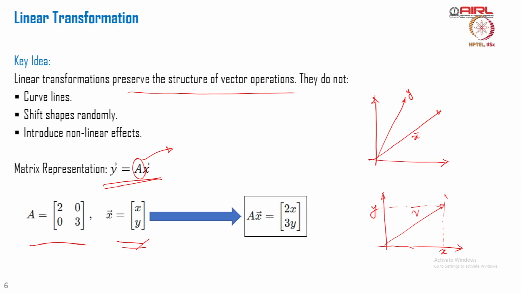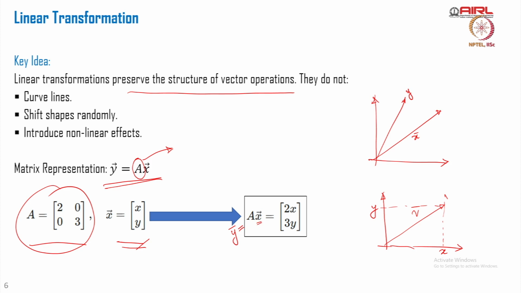Now if we attempt one linear transformation through this particular matrix A, then the outcoming vector y will be equal to A multiplied by this vector x.